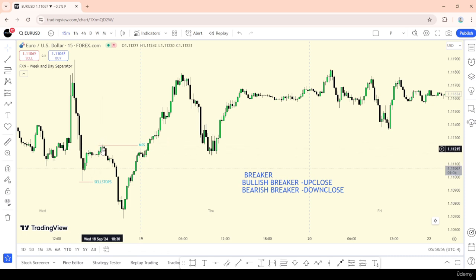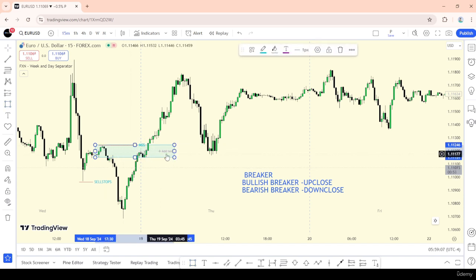So that is our up close candle. That is our bullish breaker. I'll also identify and show you our bullish breaker. So this is our bullish breaker, and I'll also outline it for future reference.